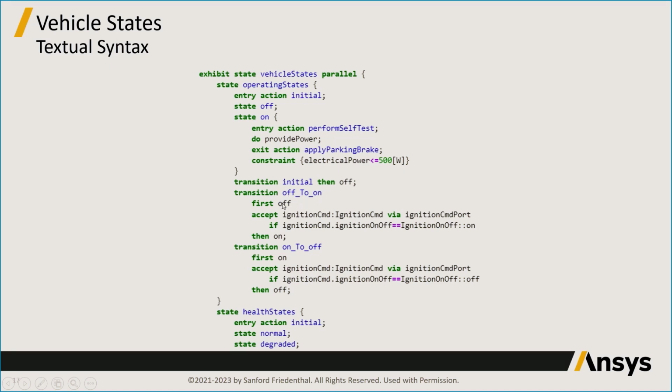For example, you're first in the off state, and if the ignition command equals on, you transition to the on state, etc. So that just gives you, again, a sense that the graphical notation and the textual syntax are just two different renderings of the same underlying model, such that if you update one, you would update the other.